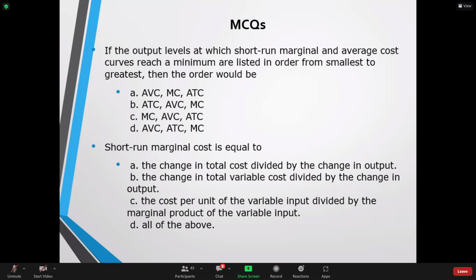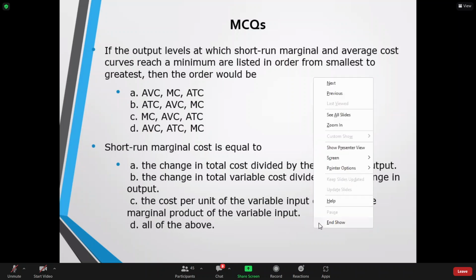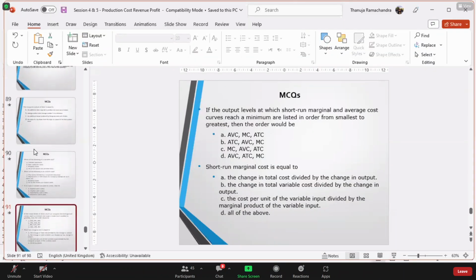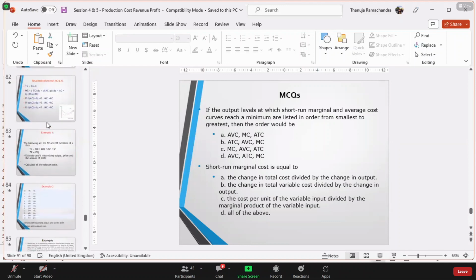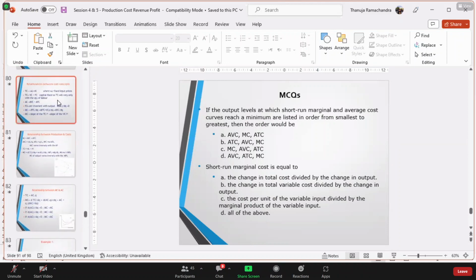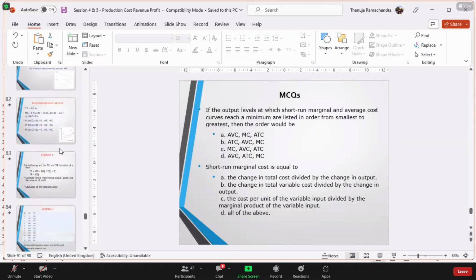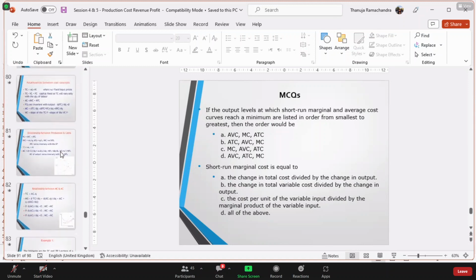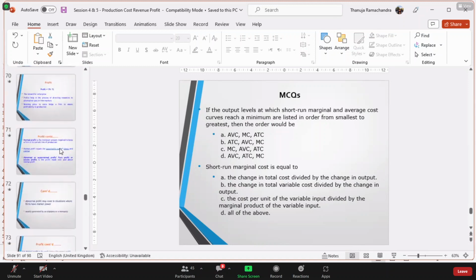So yeah, that is also correct. Divided by the marginal product of the variable input. That is what I showed here, right? We had a graph like something like that.